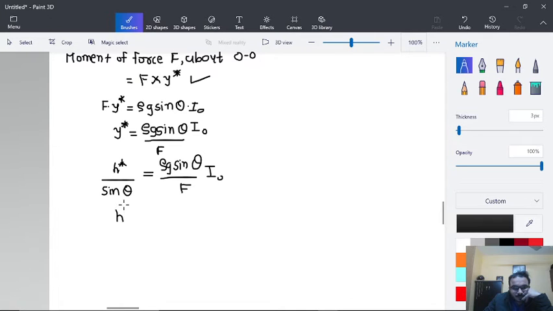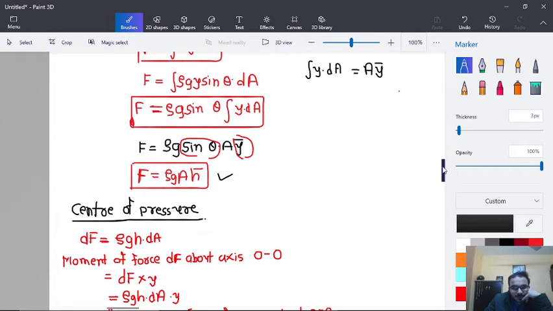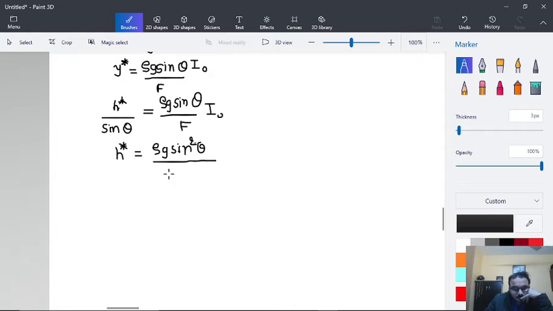H star is equal to rho g sine square theta divided by, instead of F we can write down the formula which we have derived, that is rho g A H bar, H bar I0.